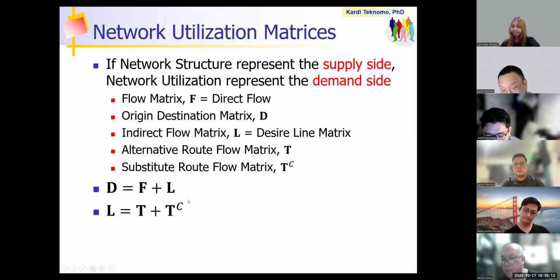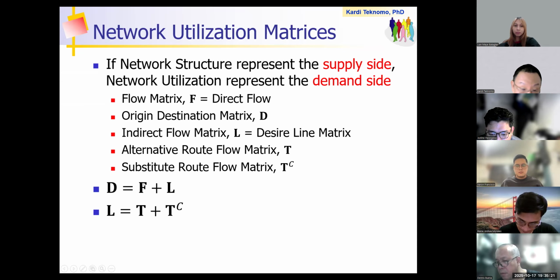That means I will get another matrix called L, the indirect flow matrix. Why? Because F, the flow matrix, is actually the direct flow between 2 nodes, but OD represents both direct and indirect flow. So if I subtract the flow matrix from the OD matrix, I will get L, the indirect flow matrix. Interestingly, L itself represents the alternative route or substitute route.